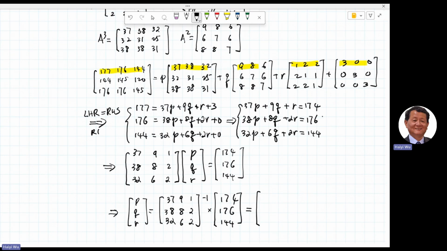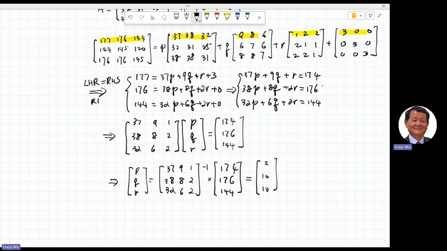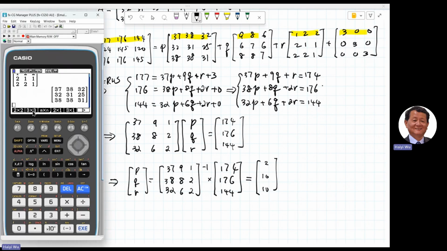I'm going to reduce the time I use. Let me quickly check if my answer is right. I'm going to enter the 3 by 3 again: 37, 9, 1, 38, 8, 2, 32, 6, 2.